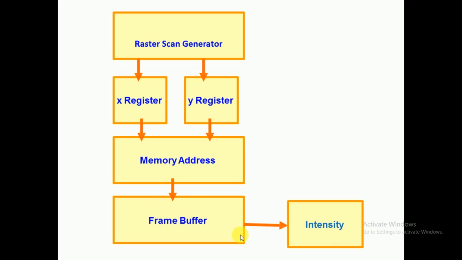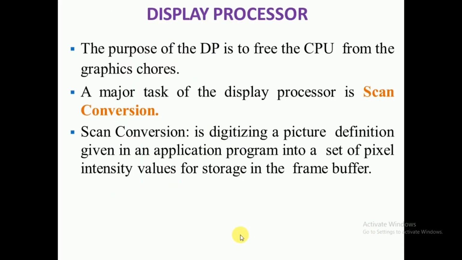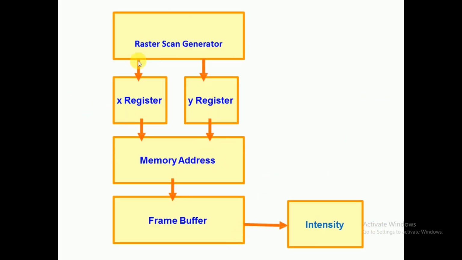Then whenever it refreshes, the refresh buffer takes the values, it goes to x and y, and x and y in turn refer to the respective memory location. As I told, if the 0,0th pixel's memory location is 0, and the raster scan generates the value for 0,0, then the 0,0 pixel will refer to the 0th memory location in the frame buffer.